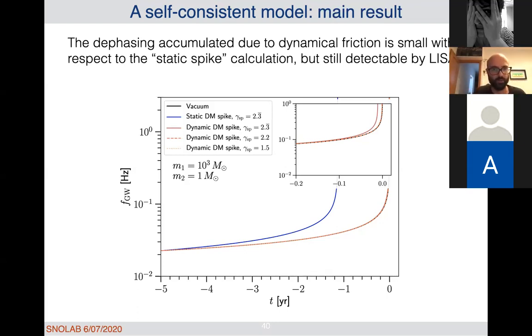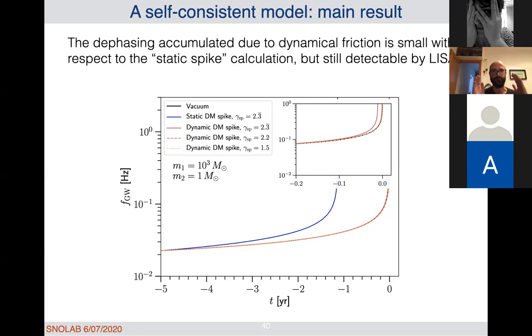In blue, you can see how the merger would look like if you had a static dark matter spike, a static distribution of dark matter as the one that was previously considered. And if you consider this feedback on the spike itself, you have the red lines that correspond to a dynamic spike when the feedback is taken into account, and for different slopes of the halo.